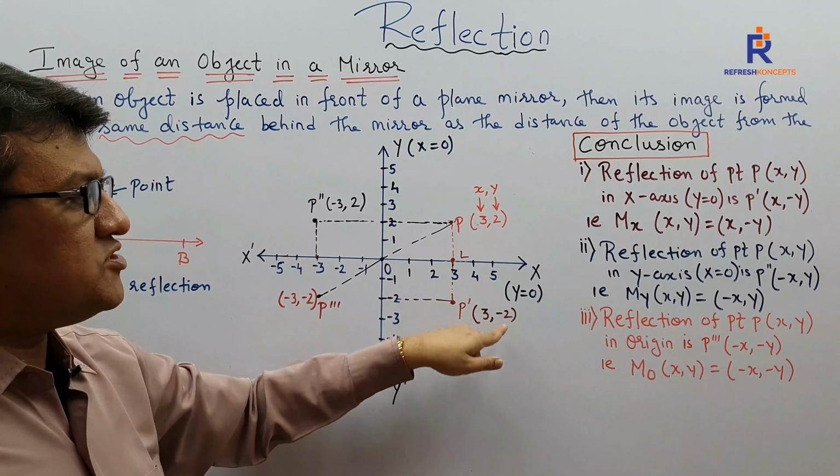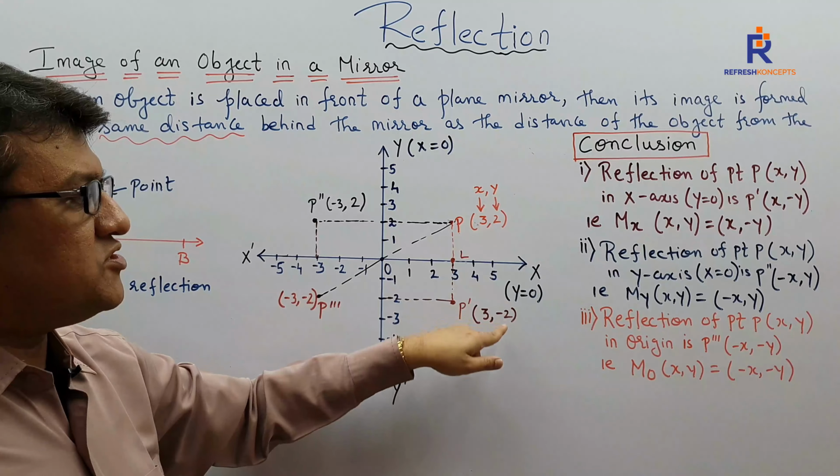So shall I say it's minus x, y? So the second conclusion: reflection of point P, x, y in y-axis, x equals to 0 is P double dash, minus x, y. Mathematically written as reflection along y-axis of a particular point x, y is minus x, y.